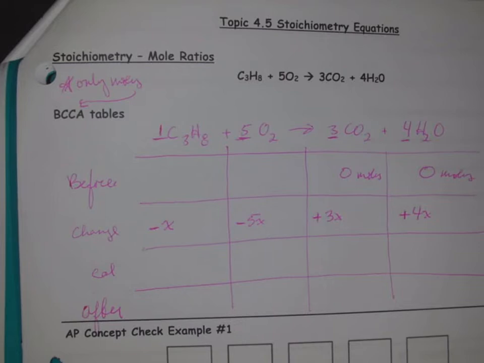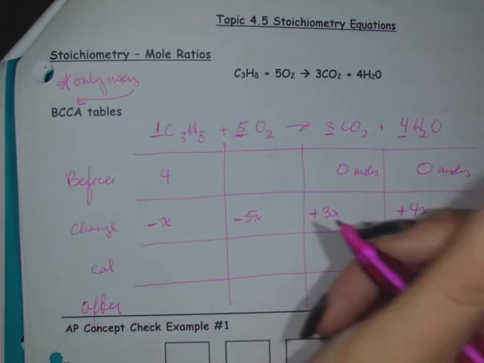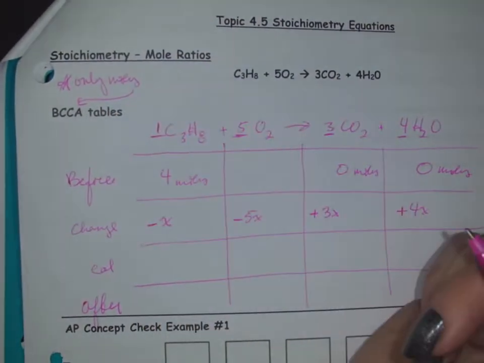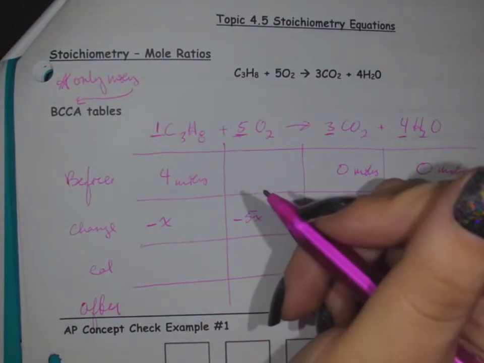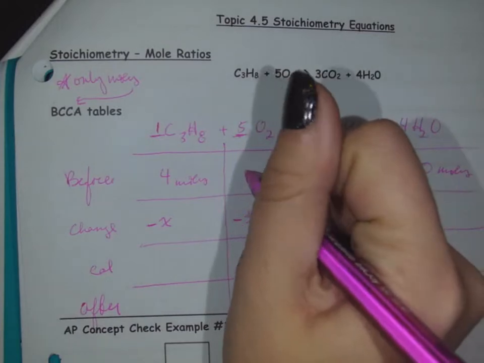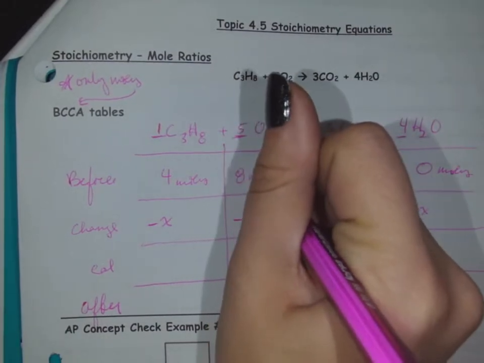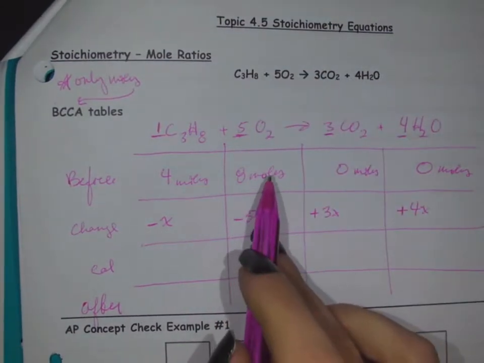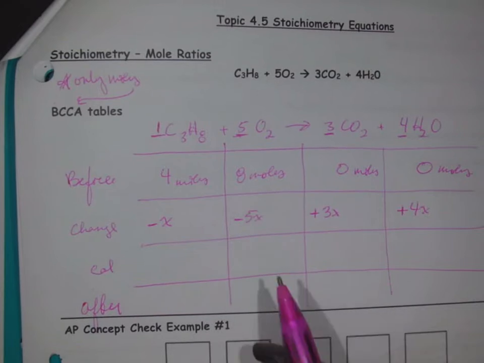So let's say a question tells you we're starting with 4 moles of C3H8. And we're going to have a lot more than that. Let's just double it: 8 moles of O2. There's a lot of O2, but does that mean it's the excess reactant? Let's find out.